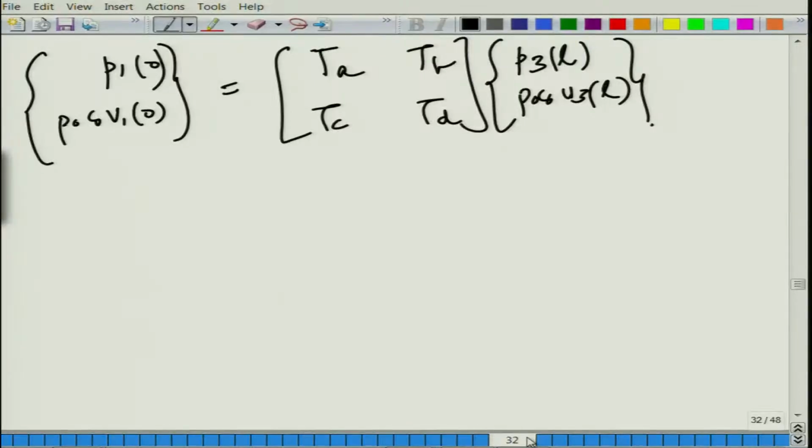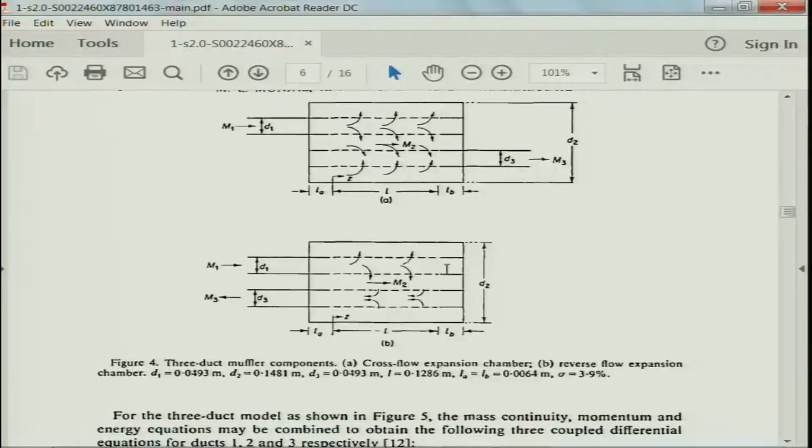So far we have considered a cross flow expansion chamber, but if you recall, we also have another configuration where we slightly change the boundary condition. Instead of the flow going somewhere like this, it reverses. Such a configuration is called a cross flow reverse expansion chamber.